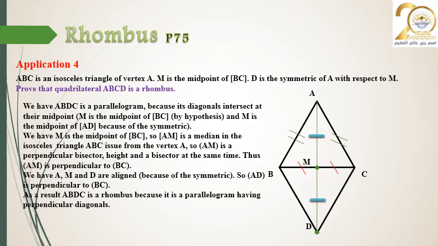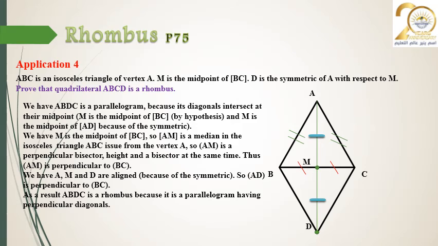So AM is a perpendicular bisector, a height and a bisector at the same time, because it's a median in an isosceles triangle, and the rule says the median in an isosceles triangle is at the same time a height, a bisector, and a perpendicular bisector. Thus, AM is perpendicular to BC. That means we have 90 degrees at M.